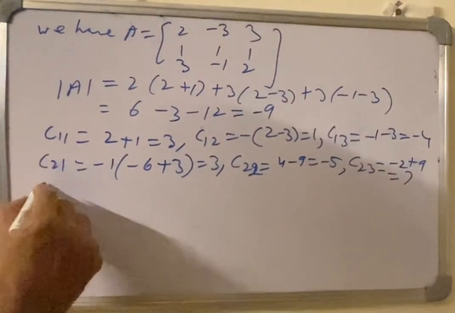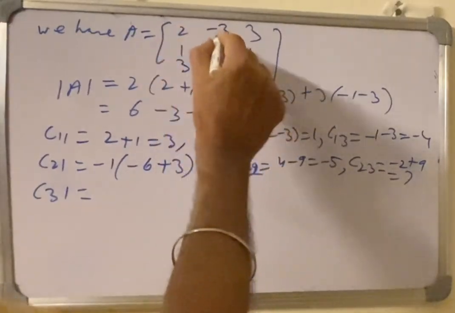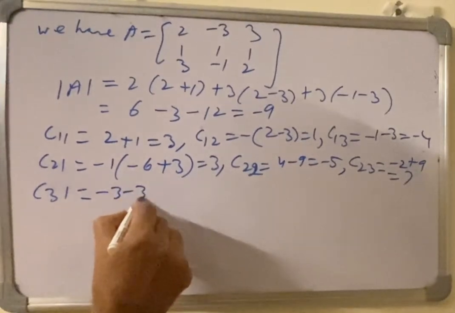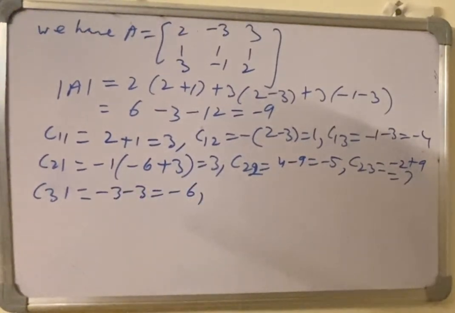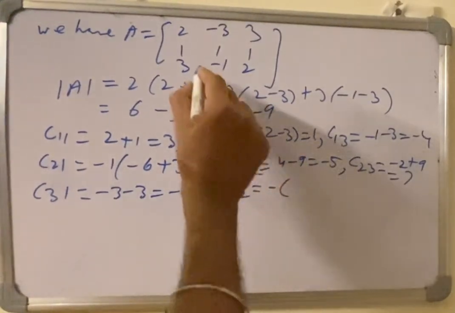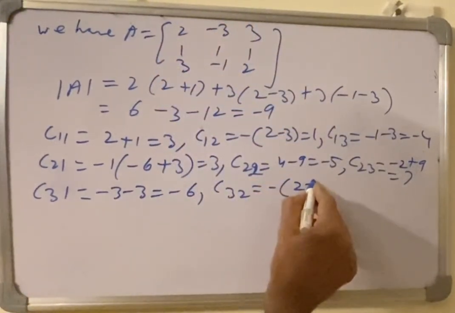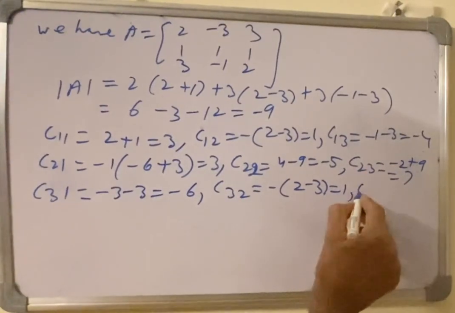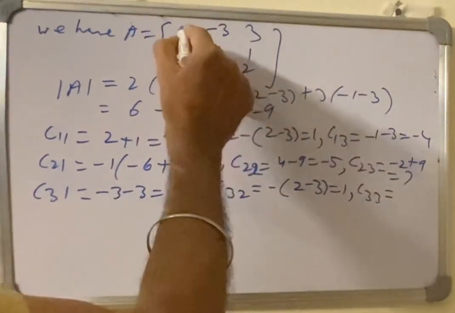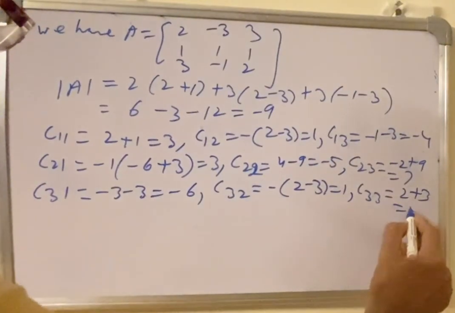Then the cofactor of the third row, first element, C31, is minus 6. Then C32 is equal to minus (2 minus 3), it's 1. C33, the last element, is 2 plus 3, 5.